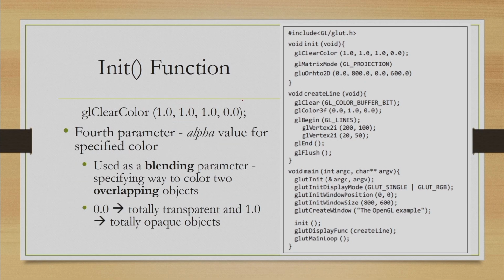Now, there is also a 4th parameter which we have set as 0.0. This is called the alpha value for the specified color, and it is used as a blending parameter. In other words, it specifies the transparency of the color. If we are using value 0.0, that means the color is totally transparent, and 1.0 means totally opaque objects. So, it indicates transparency.